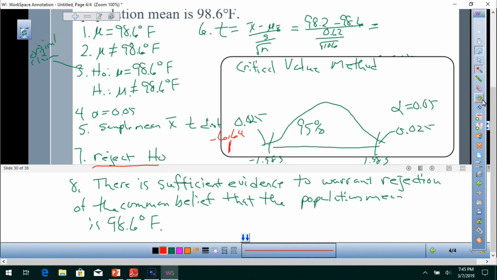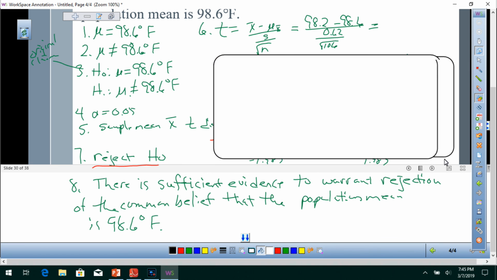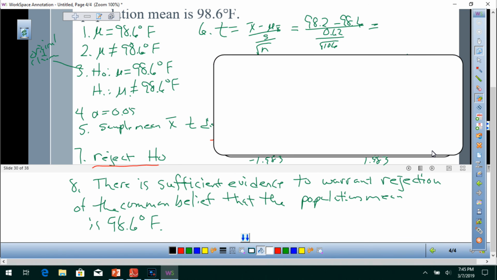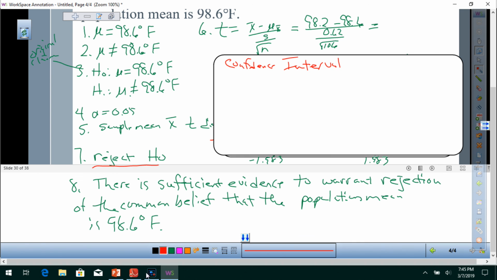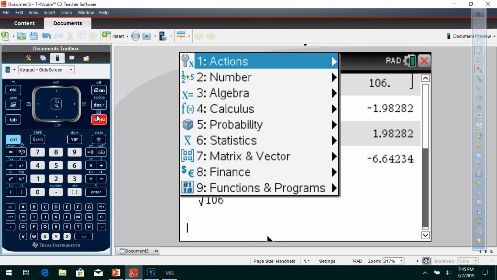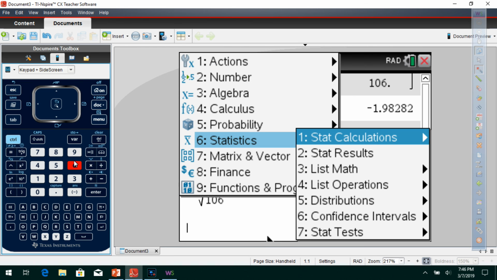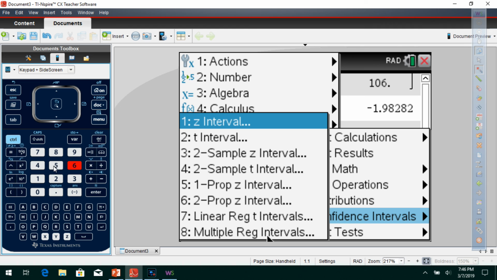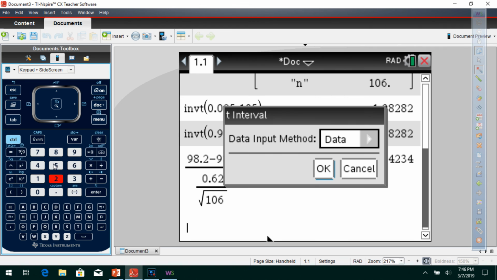Cool. Last method there is the confidence interval. All right. Confidence interval. And this is pretty easy. We'll go in here and menu 6, 6, and 2.